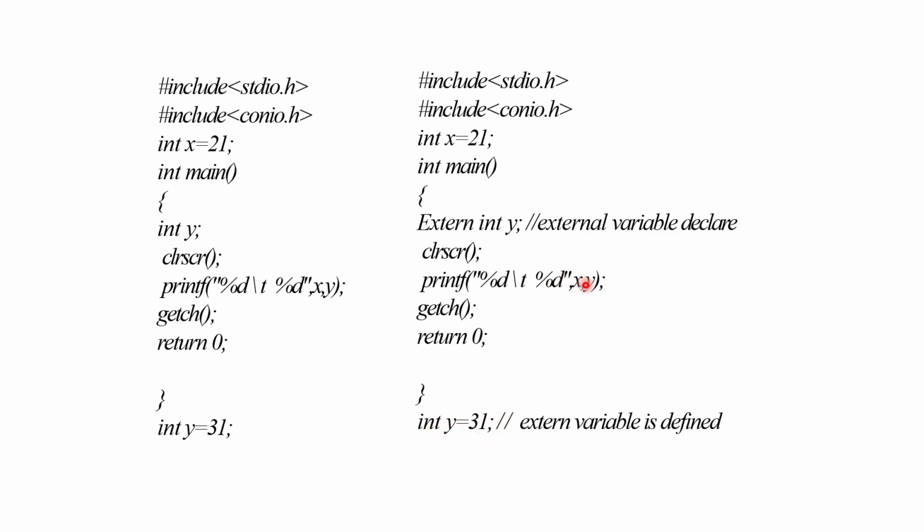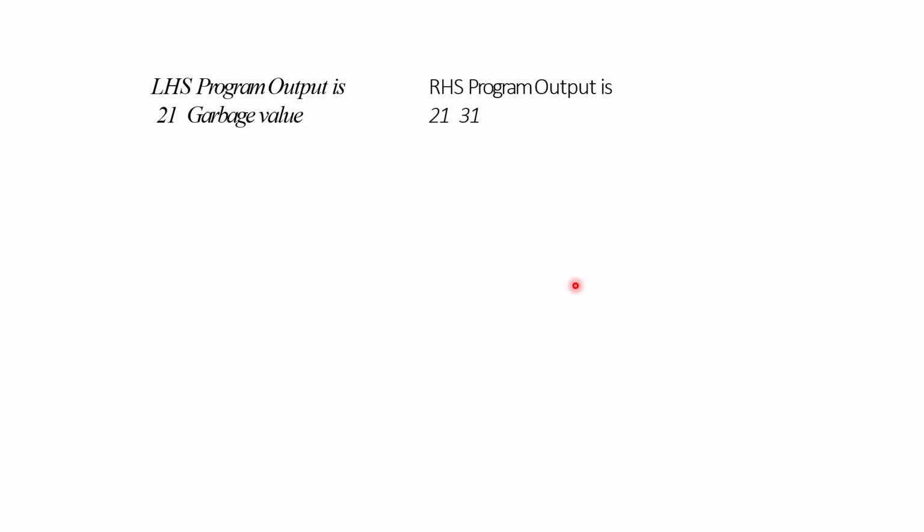And that's why it will not print any garbage value, because it is an external variable, so it's not the automatic storage class. Since it is an external variable, it can take data from outside whose value is 31. So that's why it will print 21 and 31. Right, this is the difference. So in this way, you can think about how the external storage class works.